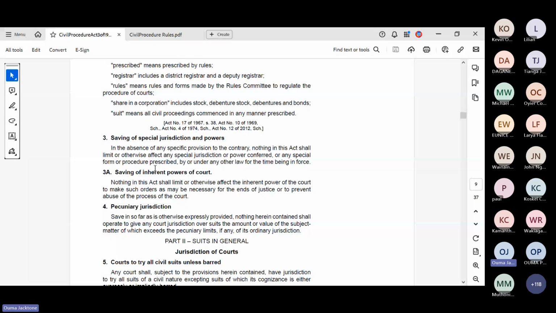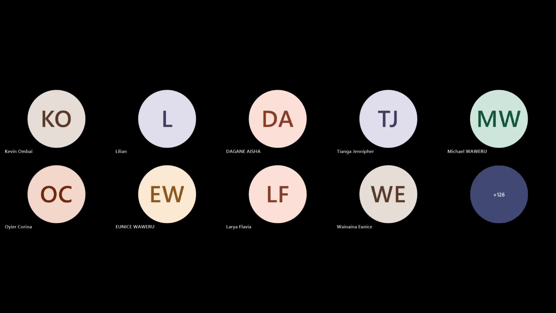Now let us look at it practically. Now you have seen people drafting applications. So if you look at Order 51 of the Civil Procedure Rules, it provides that every application that you draft, you have to tell us under what provision you're coming.